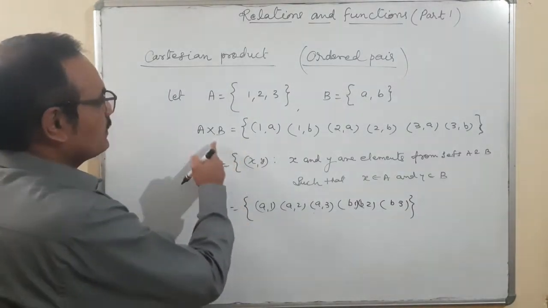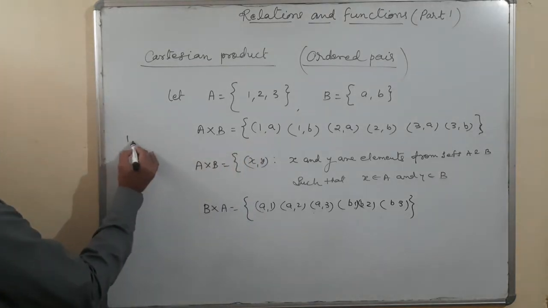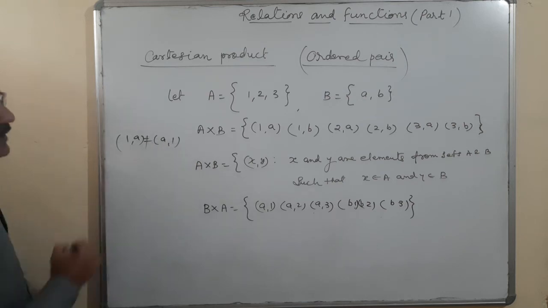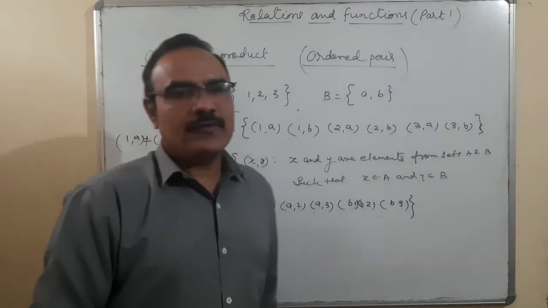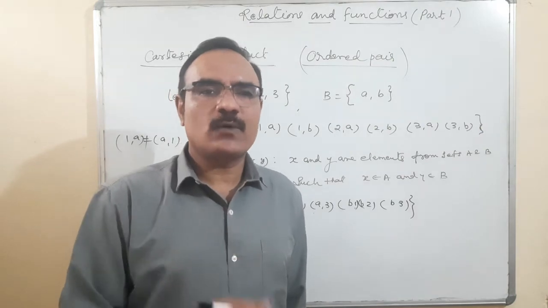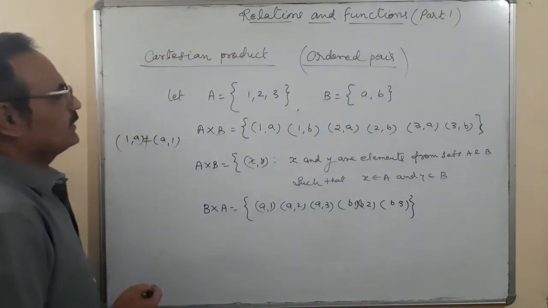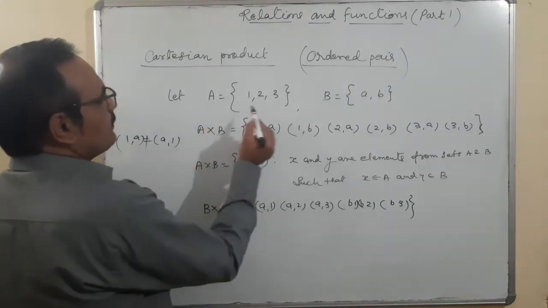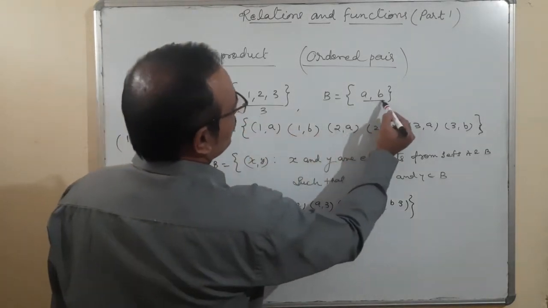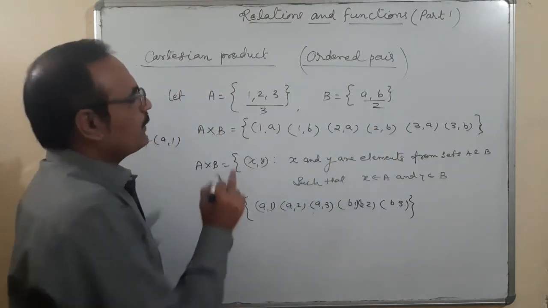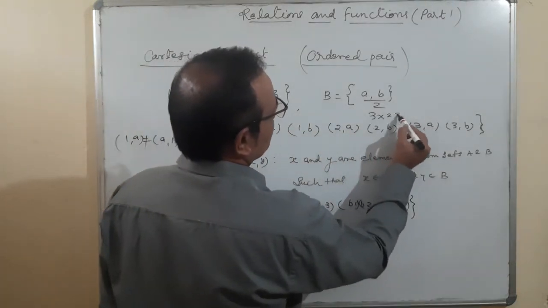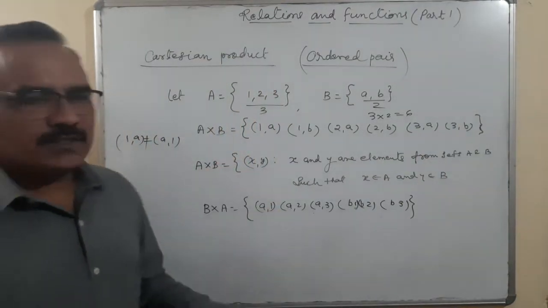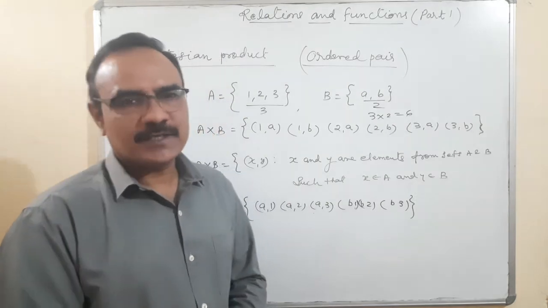No, they are not equal. In A cross B, the pairs come in the form 1a, and in B cross A they come in the form a1. They are not equal. They will never be equal. If it is given that two Cartesian products are equal, only then can we compare. I hope you have understood it. If A has 3 elements and B has 2 elements, the total number of ordered pairs is 3 times 2, which is 6. Six ordered pairs are possible in it. This is the meaning of ordered pair.